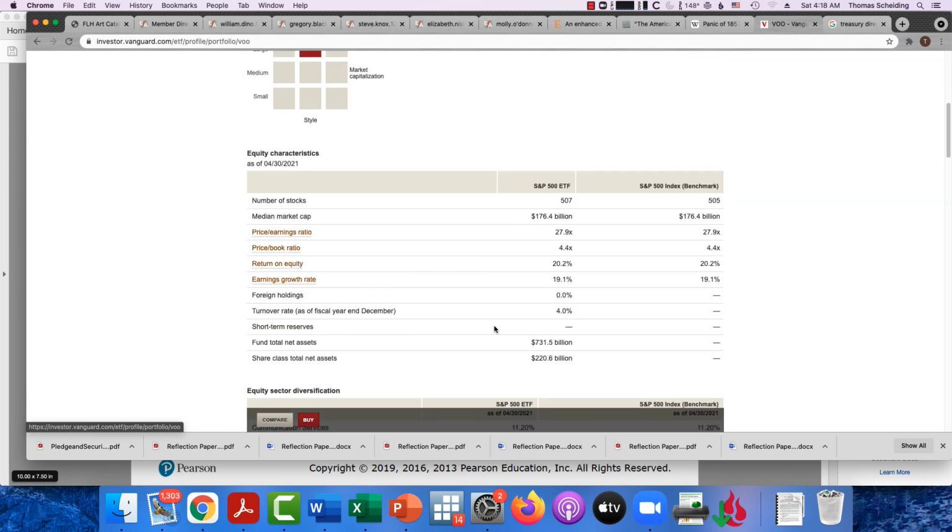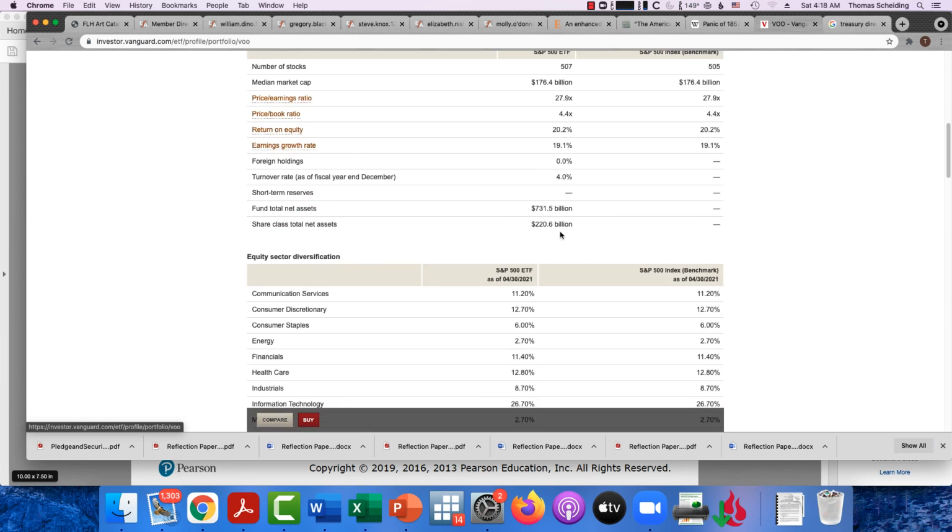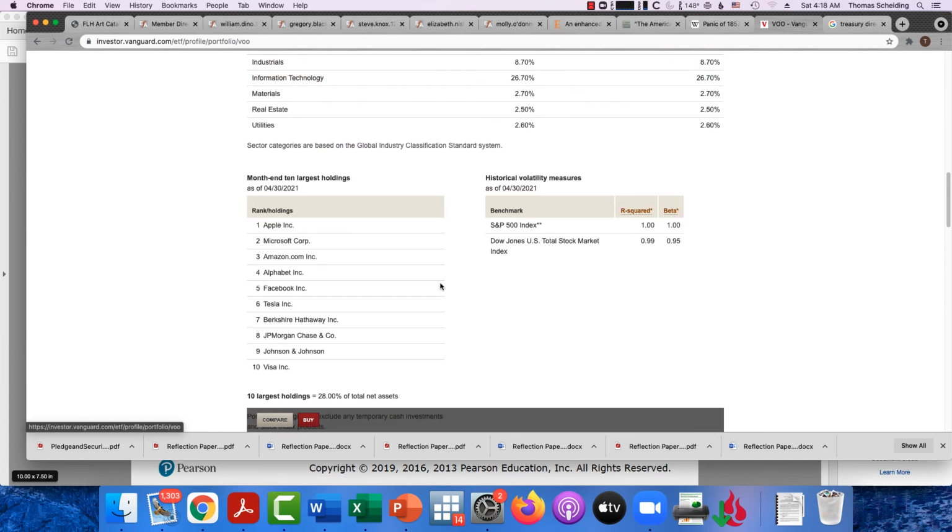I don't know why it says 507. Maybe it's catching some that just got taken off the list or something like that. But they've got $176 billion invested in this. And they really don't have to think too much about it because we know these are the big holdings, these are the big companies on the S&P 500.